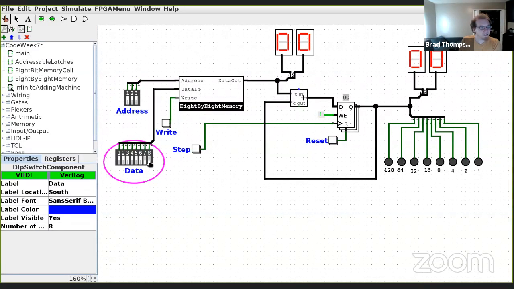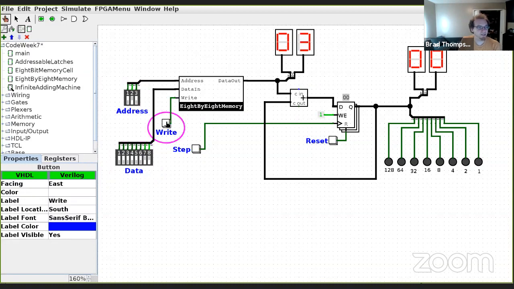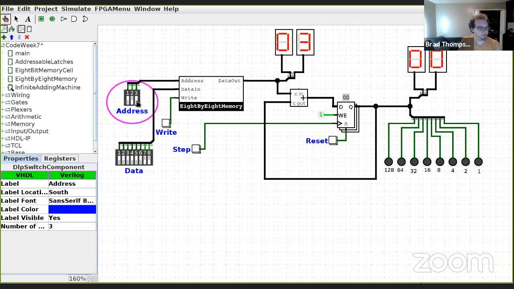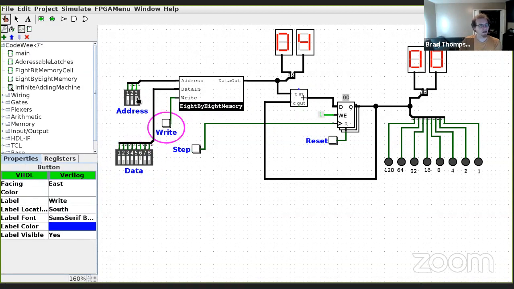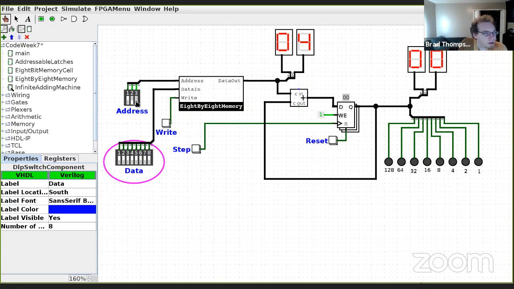I'm going to put 3 at address 0, a 1 at address 1, another 3 at address 2, and a 4 at address 3.